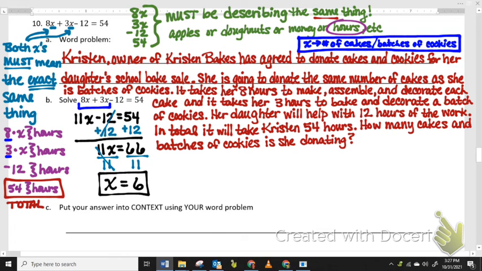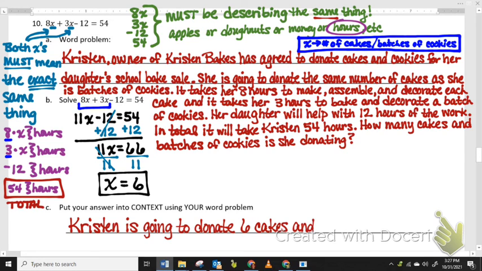And now we need to take that, and we need to interpret that answer in the context of the word problem. We said that x was the number of cakes, number of batches of cookies, and so when I come down here to interpret this in context, we're going to say Kristen is going to donate six cakes and 6 batches of cookies.